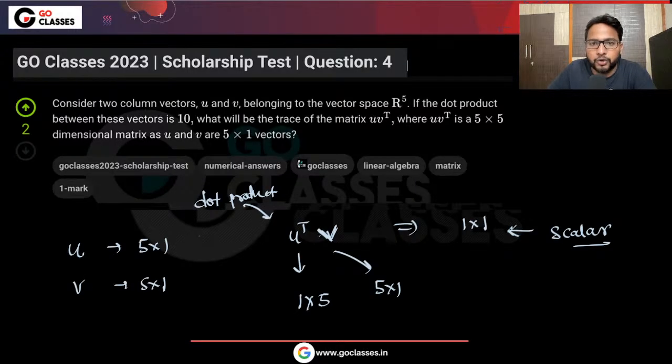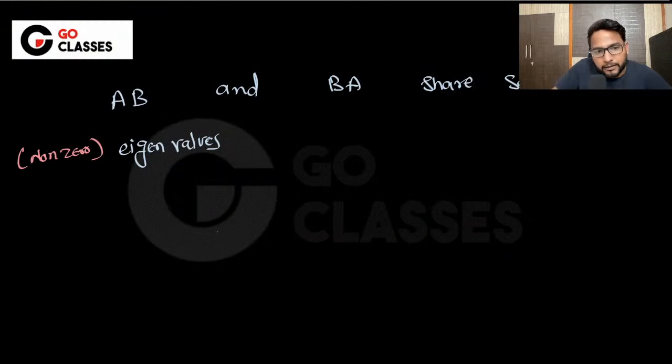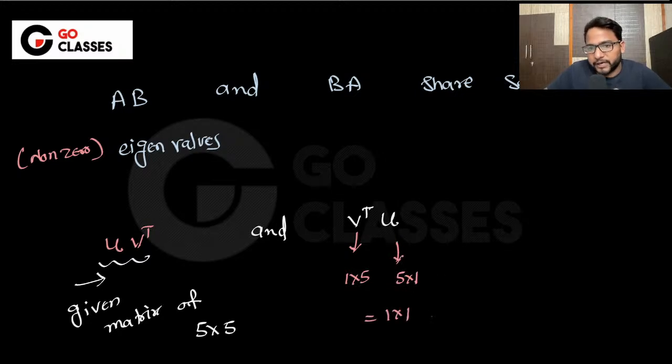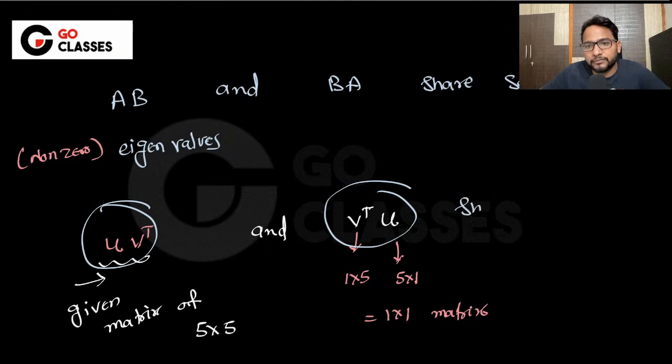They are saying UV transpose, which is a given matrix of 5 cross 5. And V transpose U, if you take the dimension of it, will be 1 cross 5 times 5 cross 1, which is a 1 cross 1 matrix. These two matrices should also share the same eigenvalues.